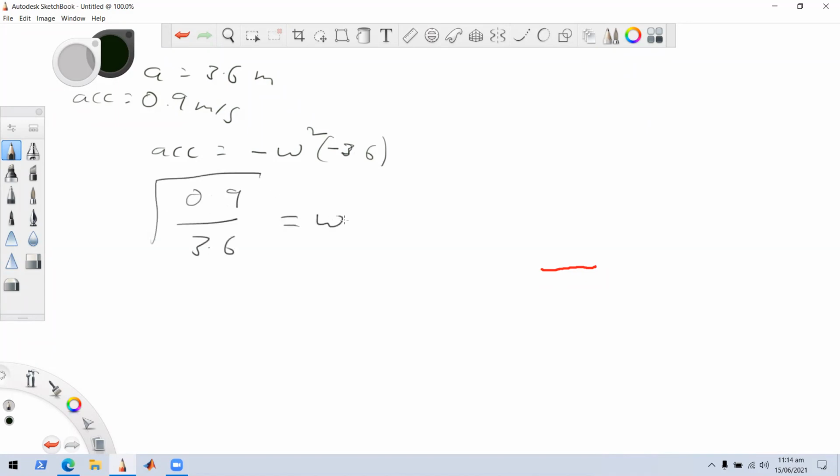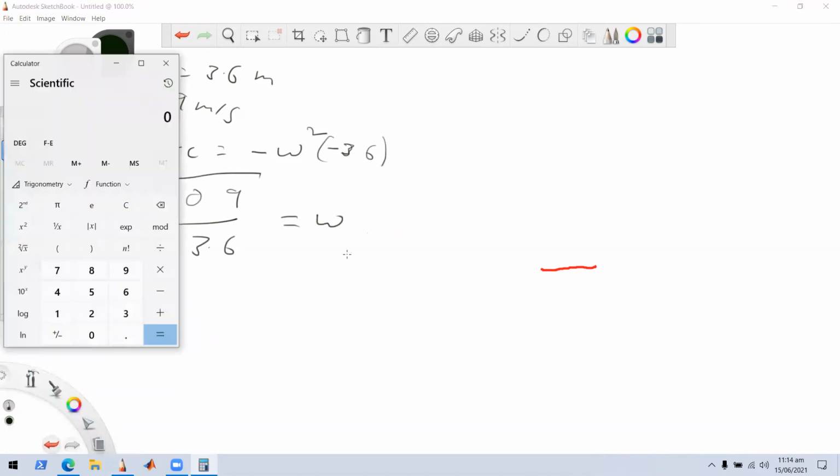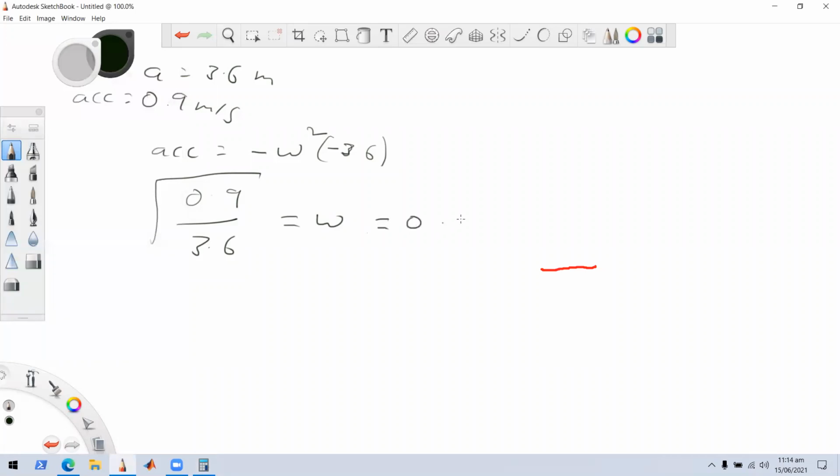The square root of that is equal to 0.5, so omega is 0.5. Let's write that at the top here.